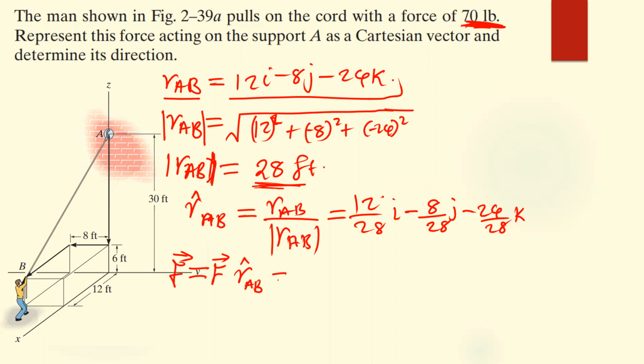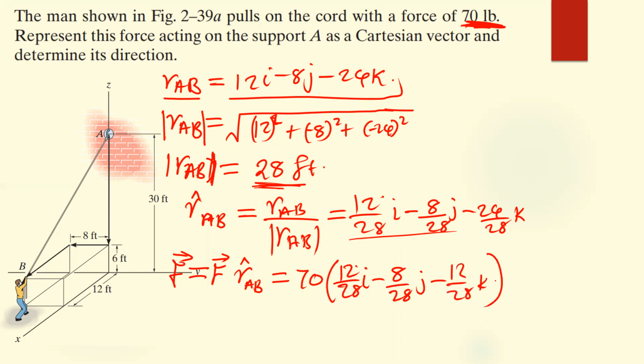And this is going to be, so we have 70 multiplied with everything there. So we have 12 over 28 i, then minus 8 over 28 j, then minus 12 over 28 k.